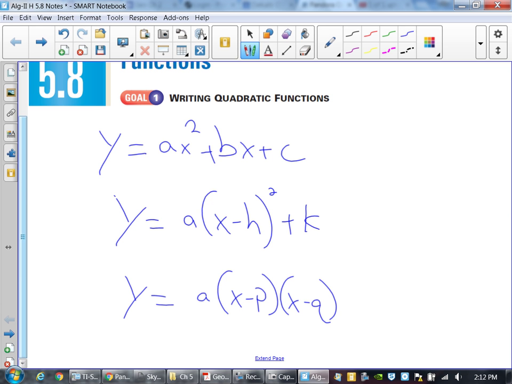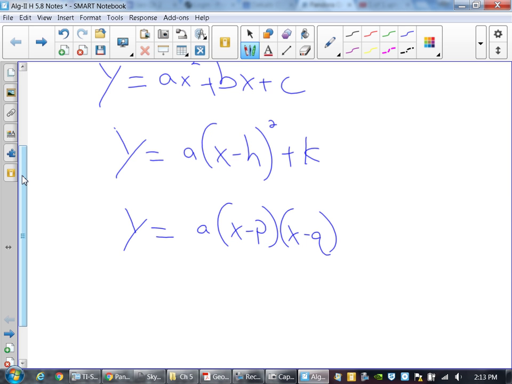And what we're going to be able to do is write the equation of the parabola or of the quadratic given a vertex and a point. So if you have a vertex and a point, in vertex form, what does the h and k stand for? Yeah, it's the vertex. So the h and k is your vertex.